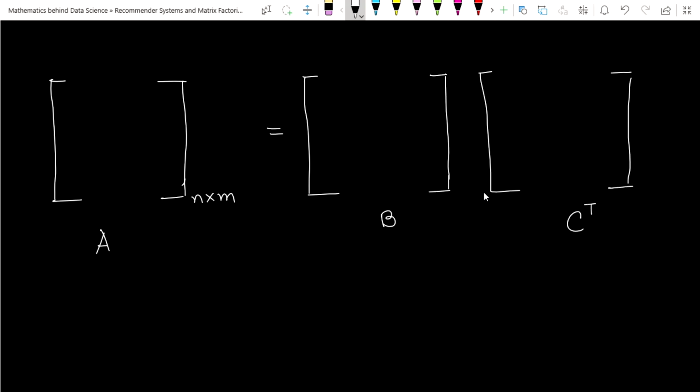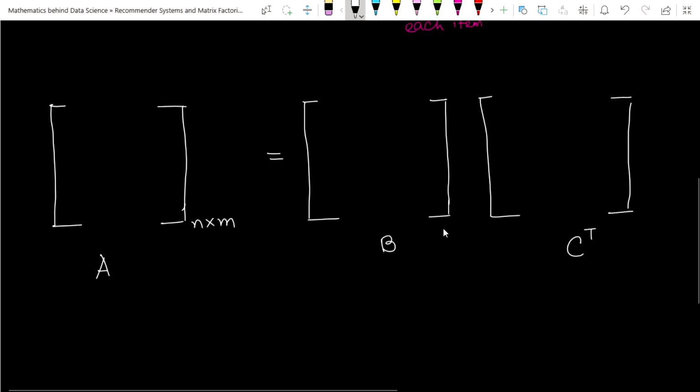The dimension of B is M cross D, and the dimension of C transpose is D cross N.